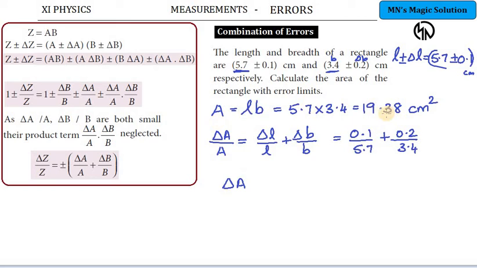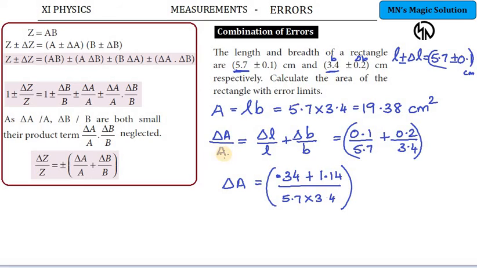Now, what is the value of del A is our question. A we have found; del A is what we need, because I have to write the answer in that way. So what is del A? It is equal to this value found, multiplied with A. What is this value? The sum of these two things. When we take the LCM, we get this, and the denominator here I am going to multiply by the area.